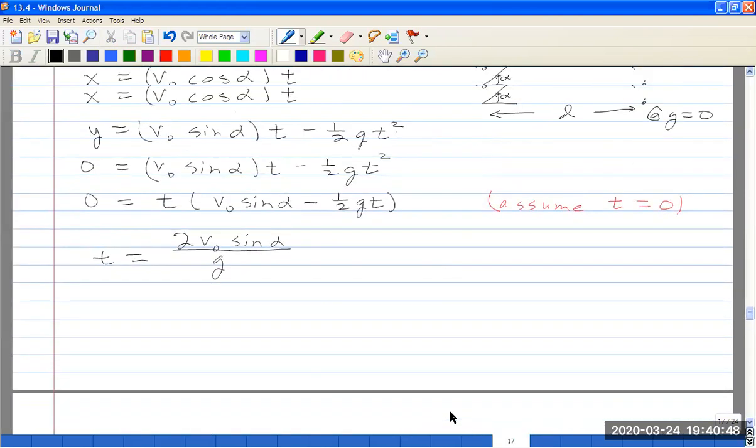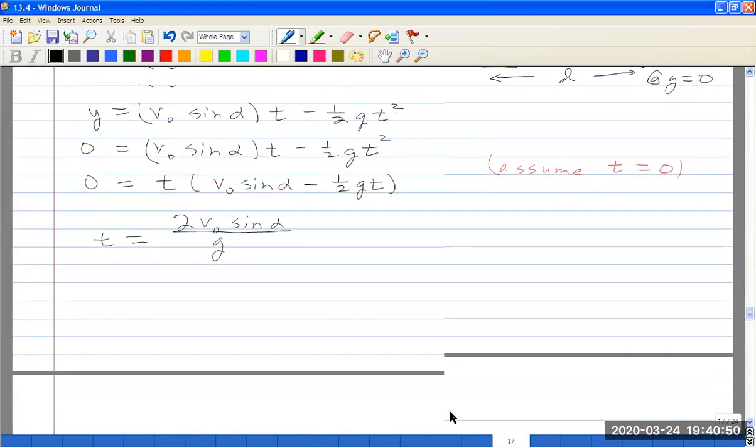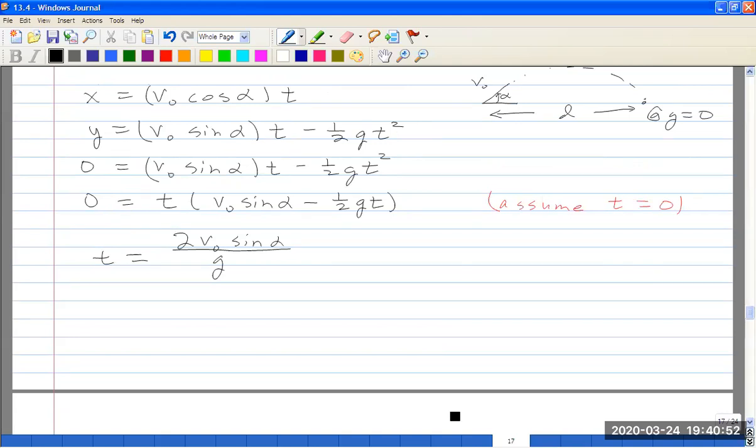Okay, so D, the distance you have to travel. Trying to get control back, good.